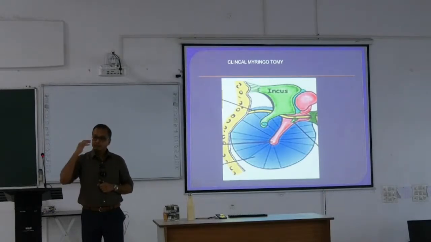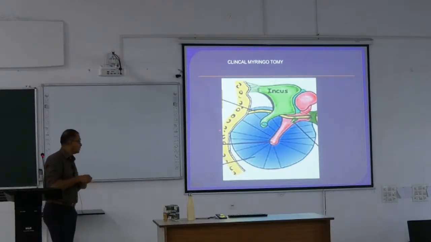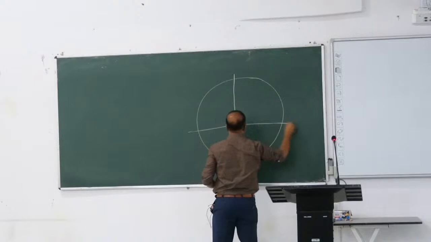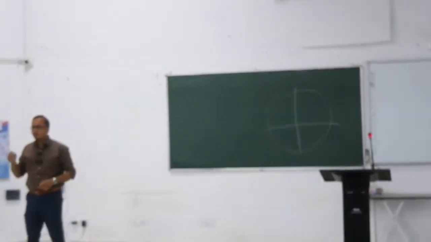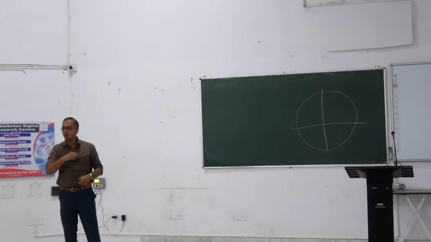Now, taking that same thing, if you have to pierce the tympanic membrane, which quadrant are you going to pierce? There are 4 quadrants: upper outer, upper inner, lower outer, lower inner. Like you draw a line like this and get the segments. So, this is your tympanic membrane, you have 4 quadrants, and which quadrant are you going to pierce or cut to drain the fluid out, which is known as myringotomy, and why?